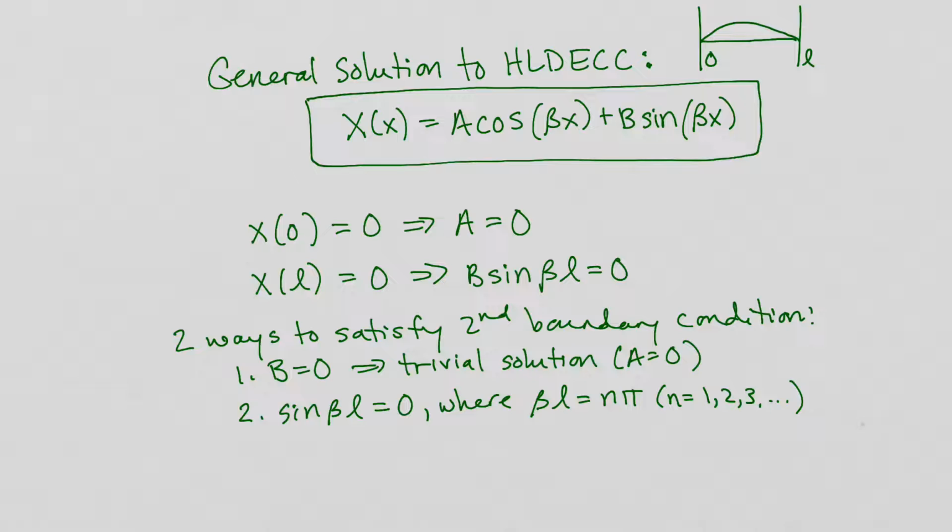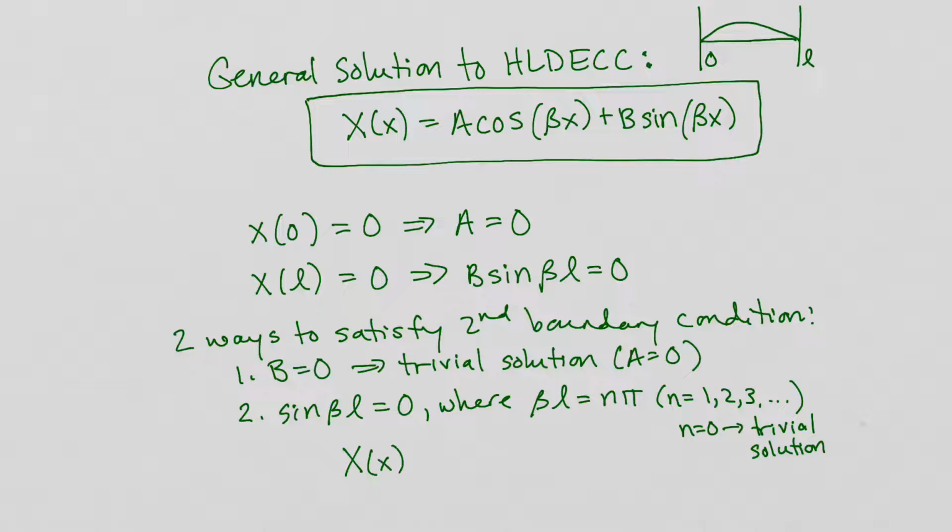So now we're in a good spot. Note that our n's start at 1. We are leaving out the n equals 0 option, because that would also lead us to a trivial solution. We need to end up with something when all is said and done, so 0 does not do that for us. So the only options for n are the integers 1, 2, 3, and so on.